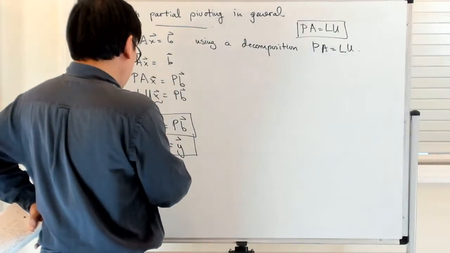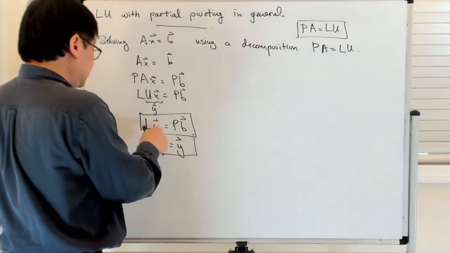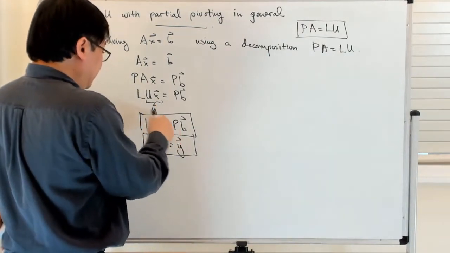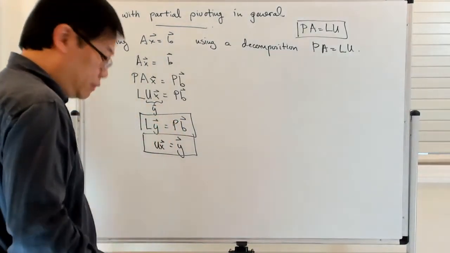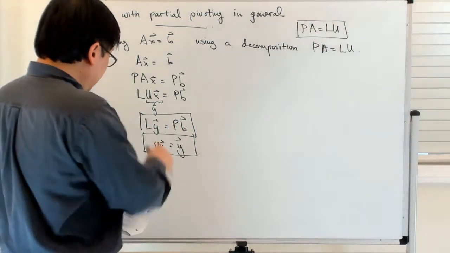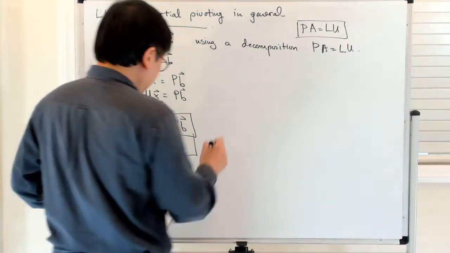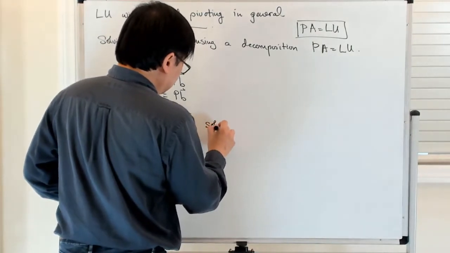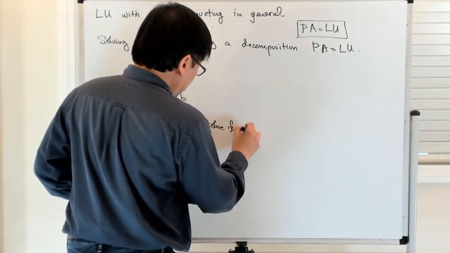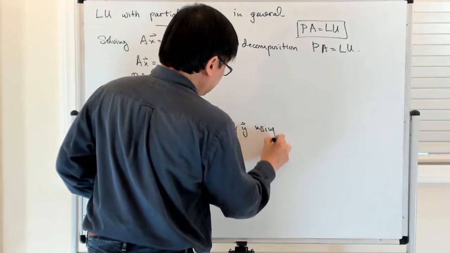Now we have a lower triangular matrix times some unknown vector equal to P times B, which I can compute. So I can solve this using forward substitution: we solve for Y using forward substitution.